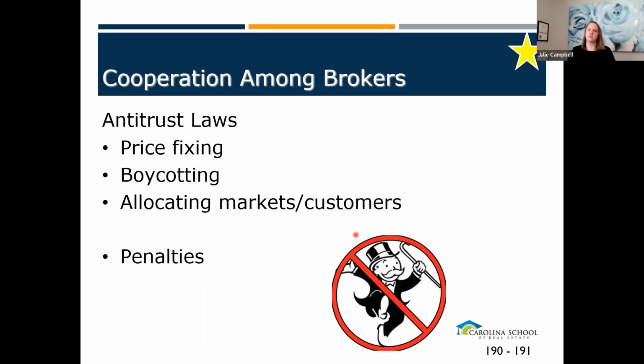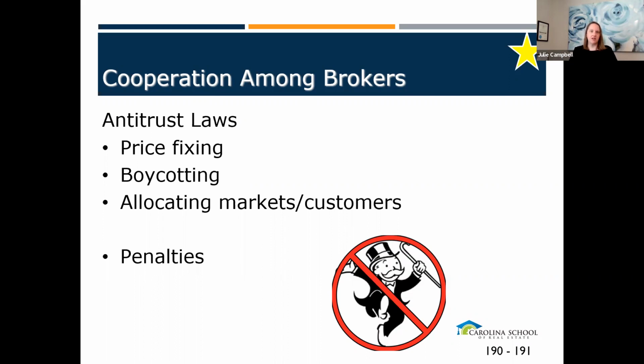Sherman antitrust law is not just about real estate, but there are some things about it that apply to real estate. And one thing that Sherman antitrust law says is that we can't engage in the practice of price fixing. A couple of you have already asked me, what's my commission?